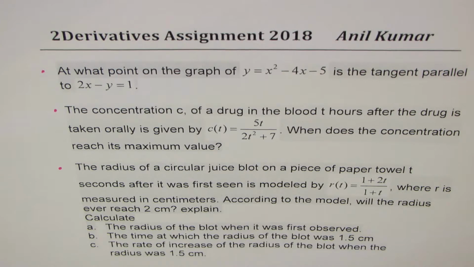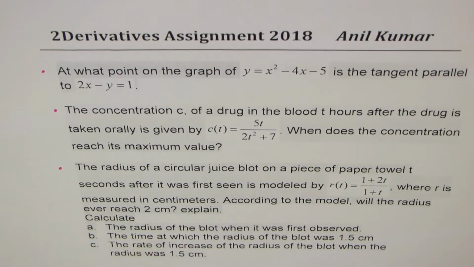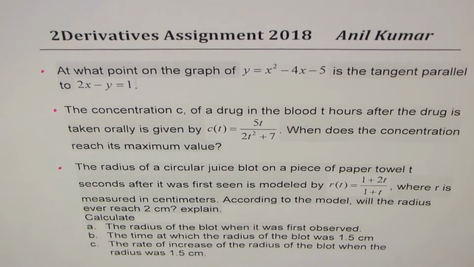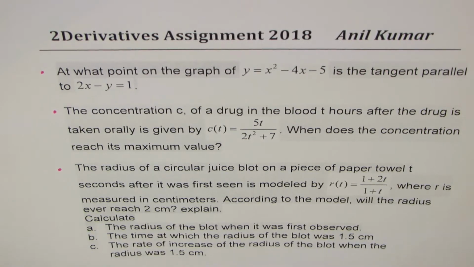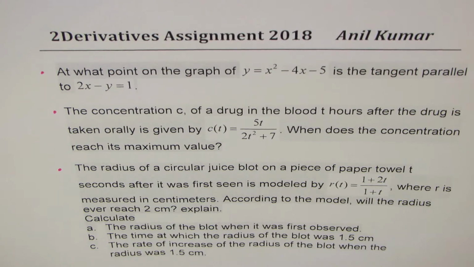And then you have to calculate a few other parameters: the radius of the blot when it was first observed, the time at which the radius of the blot was 1.5 centimeters, and the rate of increase of the radius of the blot when the radius was 1.5 centimeters. So you can pause the video, copy the questions, and solve them.